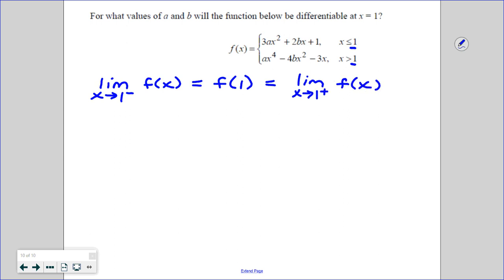It just so happens in this example that, because here it says x is less than or equal to 1, these values are going to be the same, because to evaluate both, you'd be plugging into the 3ax squared plus 2bx plus 1. So if you guys remember, the easy way to do this is to plug 1 in for x and then set the expressions equal to each other.